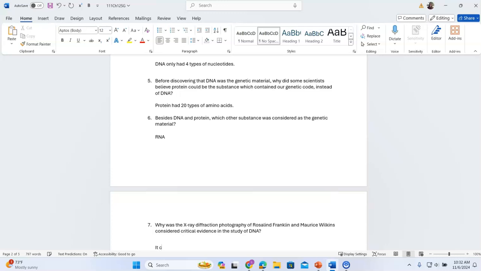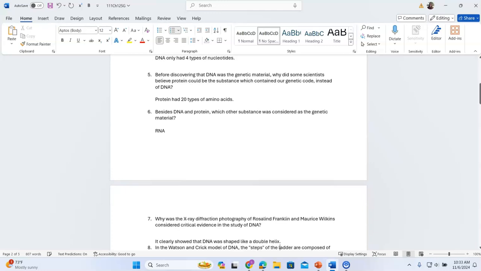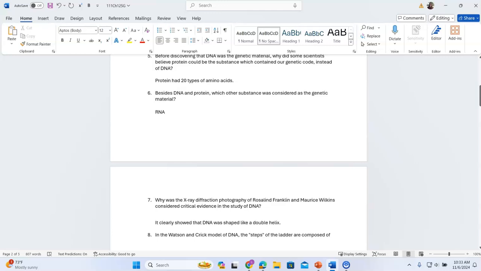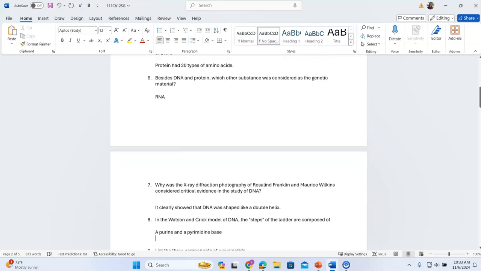It clearly showed that DNA was shaped like a double helix or twisted ladder. Number 8, in the Watson and Crick model of DNA, the steps of the ladder are composed of a purine and a pyrimidine base.